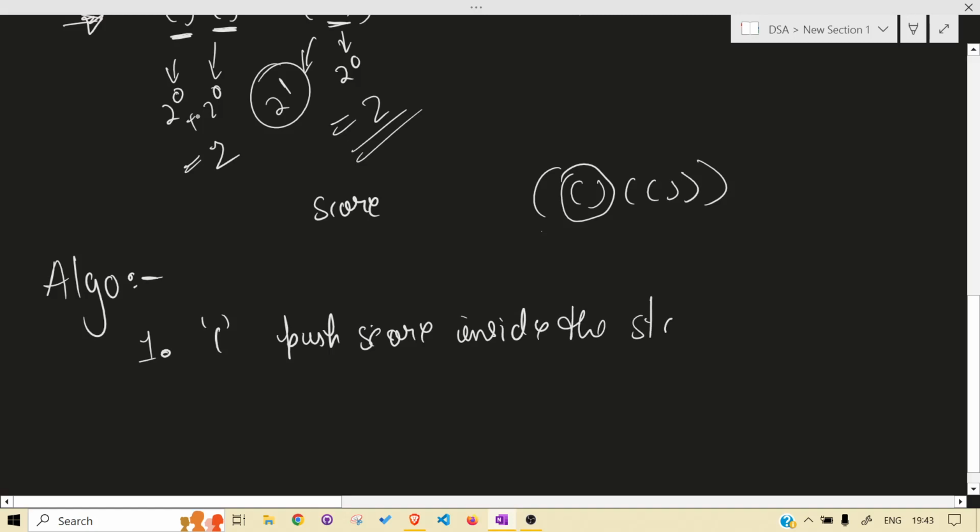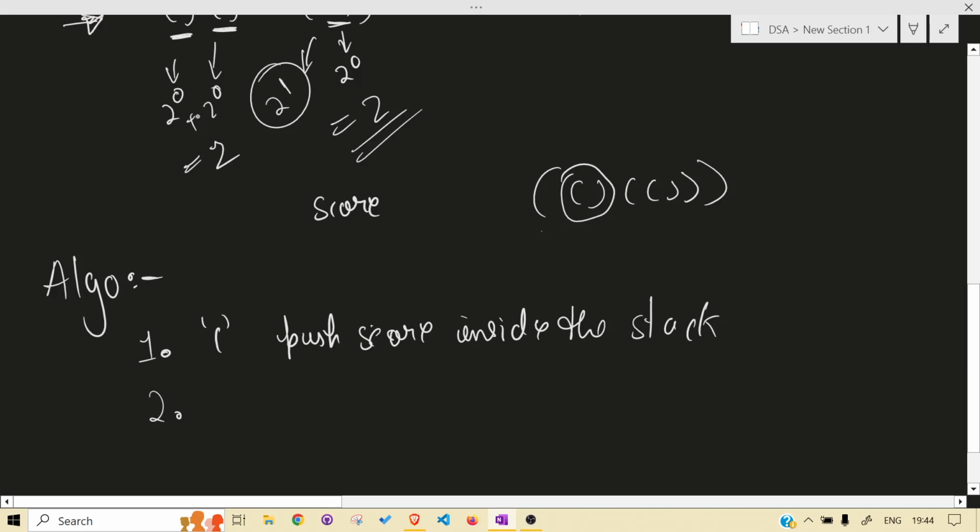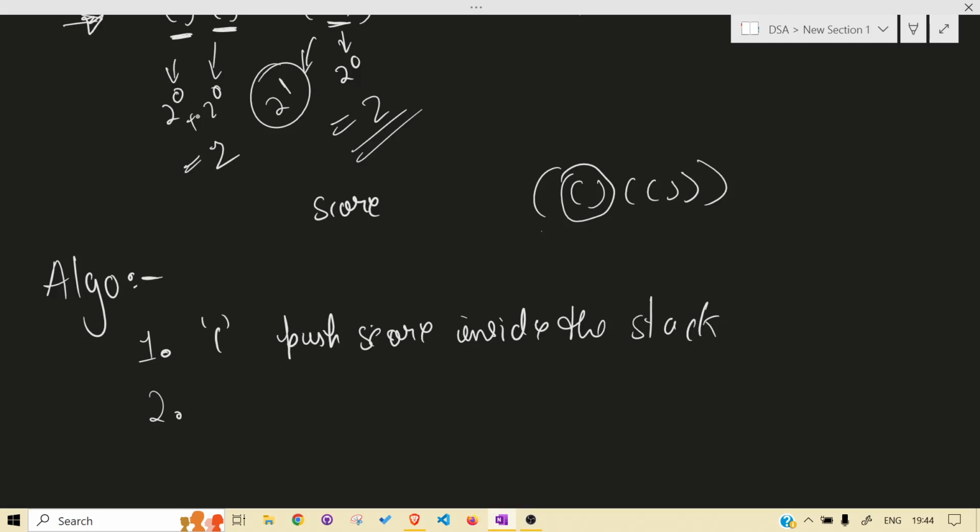Why? I just discussed it, because you need to store your previous score, up till now what you have had, because it will be lost if you try to do it without a stack, and you will not be able to handle it. So that's why.